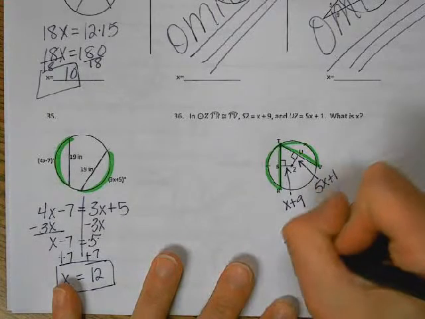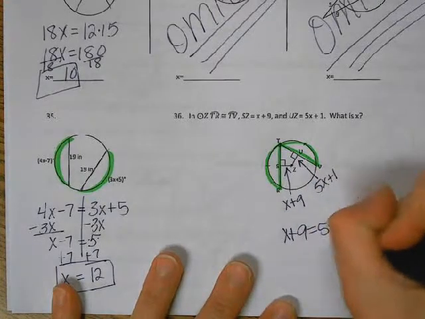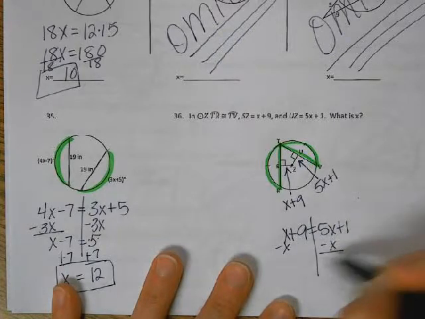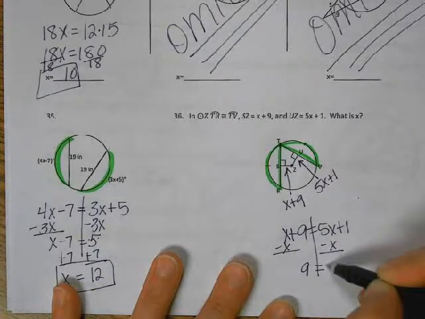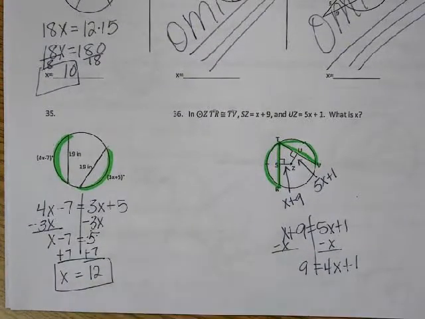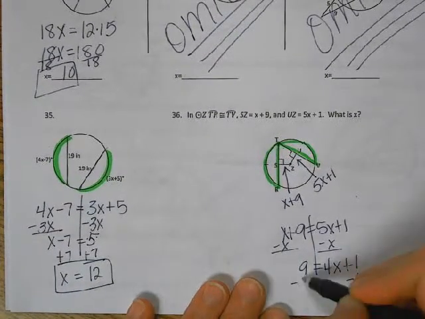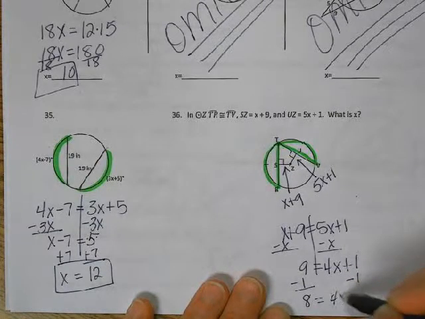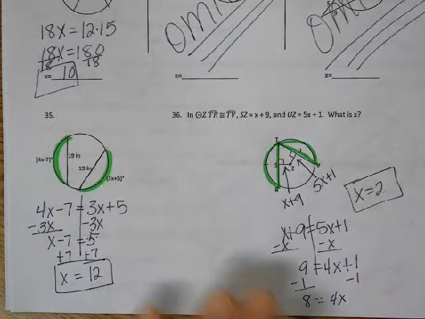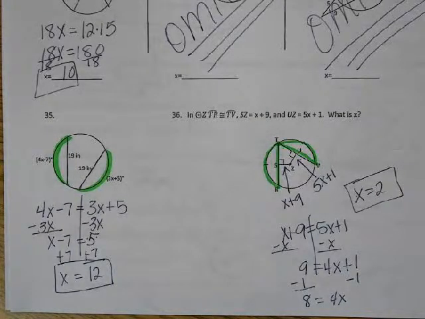So you just say x plus 9 equals 5x plus 1, and you solve it. Minus x from both sides. 9 equals 4x plus 1. Some of you can see that that has to be 2. Minus 1. Divide by 4. x equals 2. Okay?